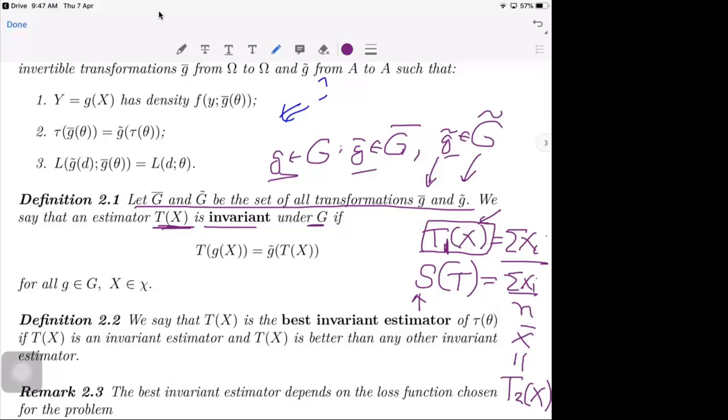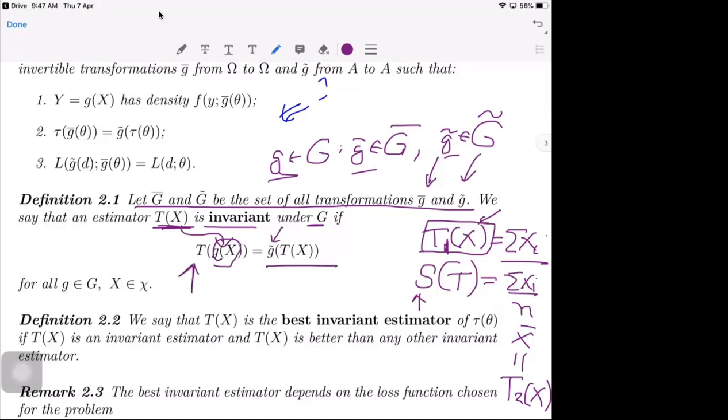So this T of X is invariant under G if kung maghimot tag transformation sa atong X applied on T, then this is just the same as asa gani ang G tilde.